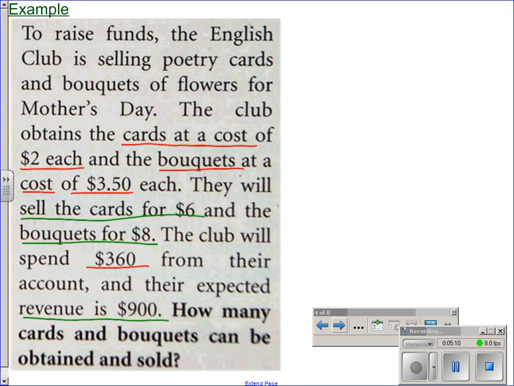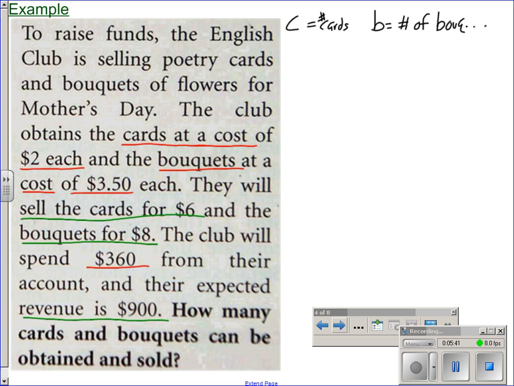So we've got two sets of different things going on: cost and revenue, money being brought in. In each one of those, we've also got number of cards and number of bouquets. There are our variables. C equals the number of cards, B equals the number of bouquets.